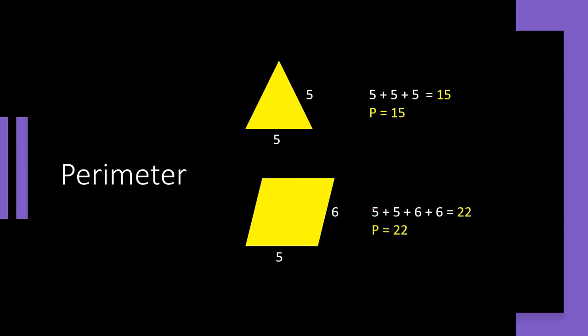It doesn't matter in which order you add these numbers, I'm just going to do it in the way that is easier for me. So I'm going to do 5 plus 5 and then 6 plus 6, because there are two sides that measure 5 and two sides that measure 6, and that's going to be equal to 22, and therefore the perimeter for this parallelogram is equal to 22.